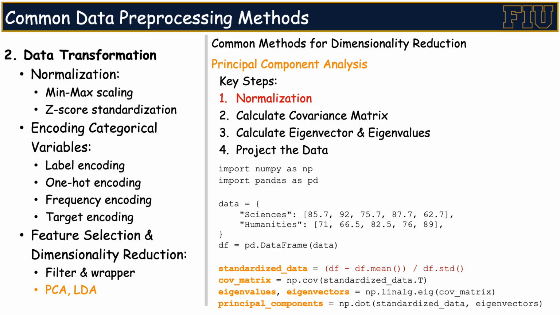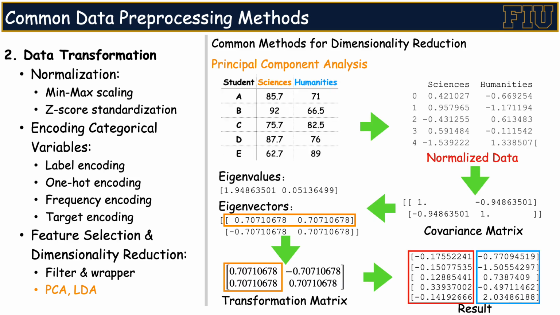the intermediate steps. First, we compute the covariance matrix. Then, using the covariance matrix, we calculate the eigenvectors and eigenvalues. Finally, by multiplying the normalized data with the transformation matrix made up of the eigenvectors, we obtain the final principal components. Here, we present the results of each step in the calculation.